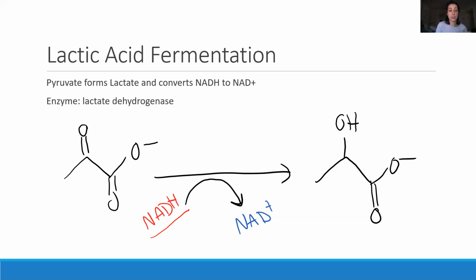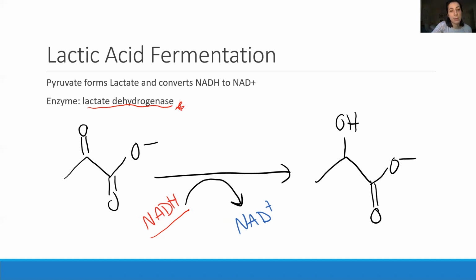So notice this is actually the reduction of our molecule. This is going to occur through lactate dehydrogenase. Very important enzyme that we're going to talk about.